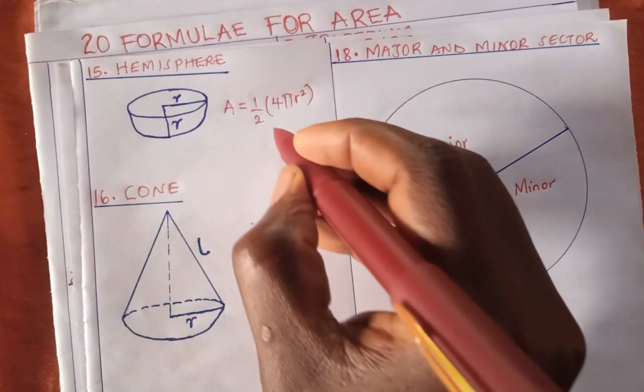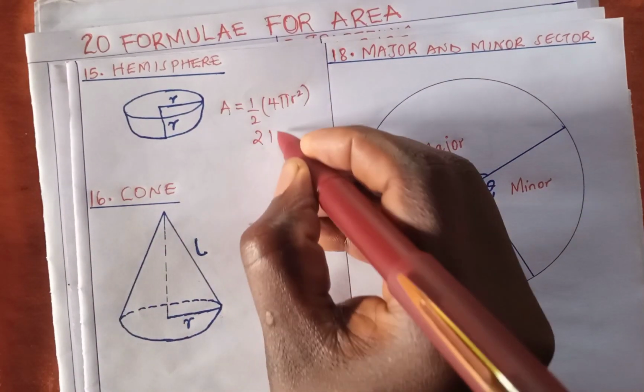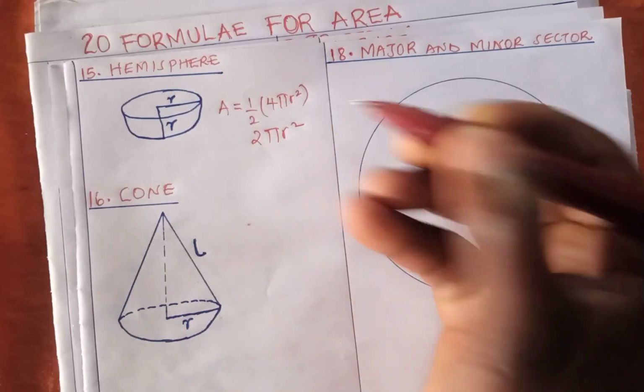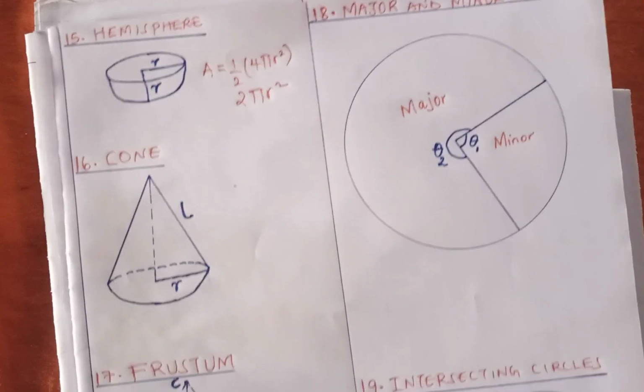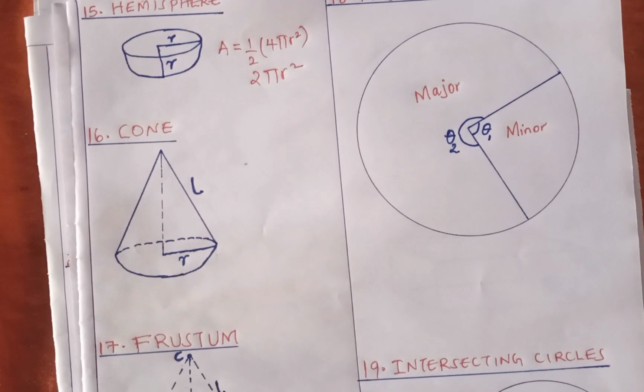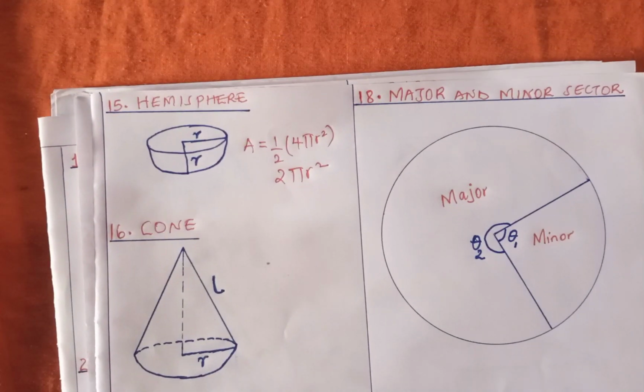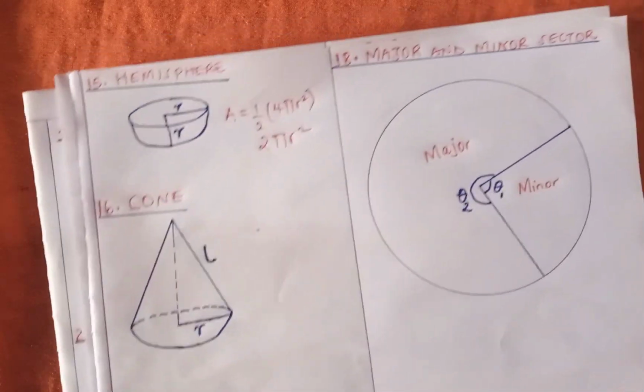Or somebody can go ahead and say it is in fact 2 pi r squared if you simplify further. So it is the same thing. If somebody uses a half times 4 pi r squared and somebody uses 2 pi r squared, they are all going to arrive at the same answer.